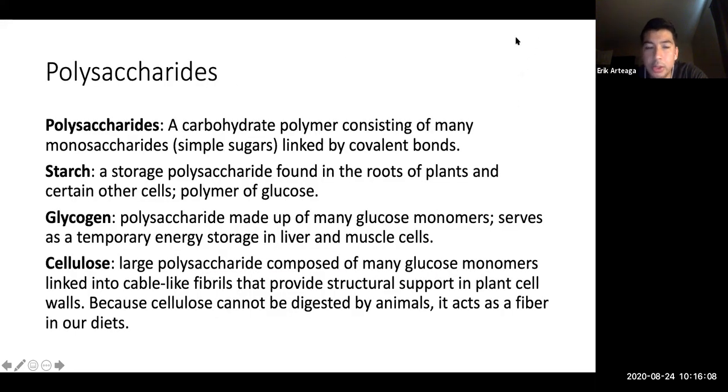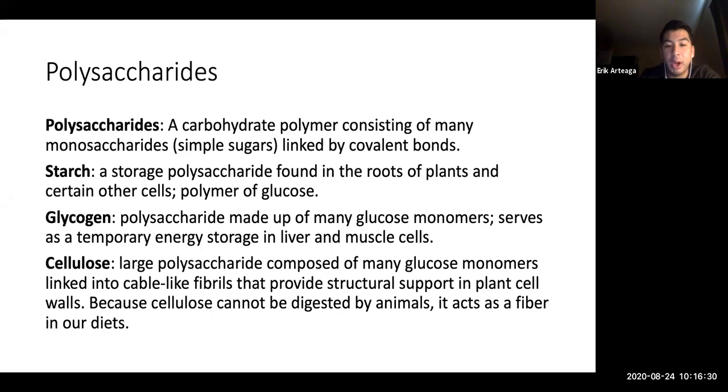All right. So polysaccharides. A carbohydrate polymer consisting of many monosaccharides, simple sugars linked by covalent bonds. Starch, a storage polysaccharide found in the roots of plants and certain other cells. It's a polymer of glucose. Okay. We have glycogen. This is a polysaccharide made up of many glucose monomers.